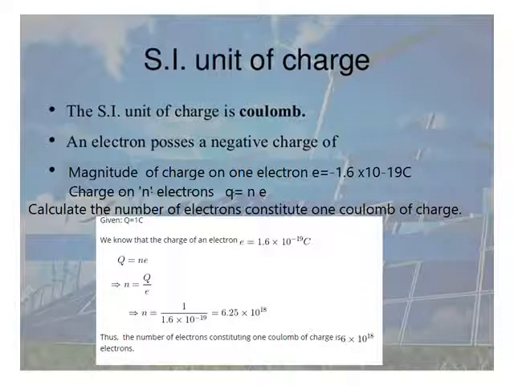If a conductor has n electrons, then the charge on n electrons, Q, is equal to ne. This is a very important formula where Q represents the charge, n represents the number of electrons, and e represents the charge of one electron, that is minus 1.6 into 10 to the power minus 19 coulombs. So children, this is a very important first formula that you are encountering.